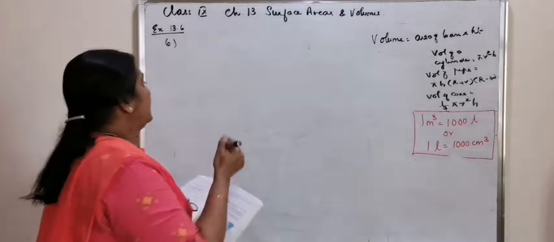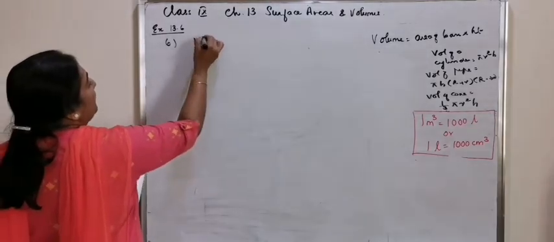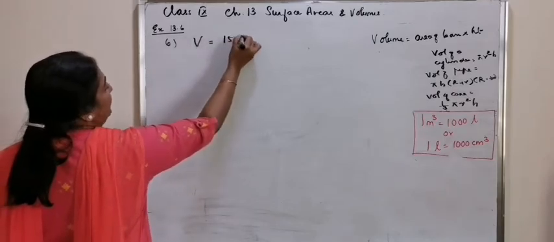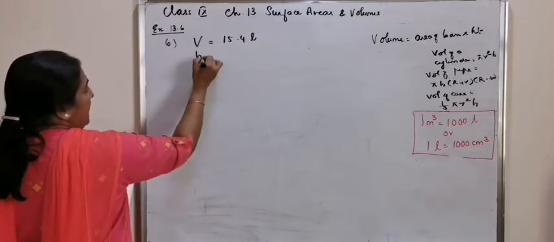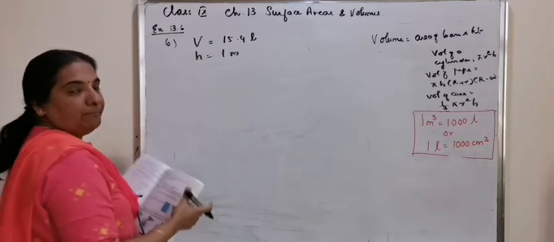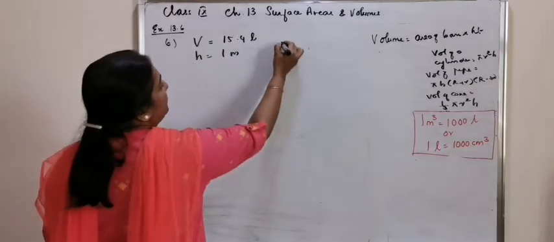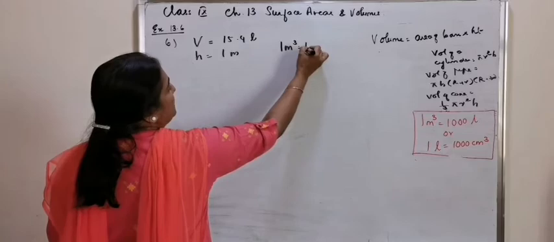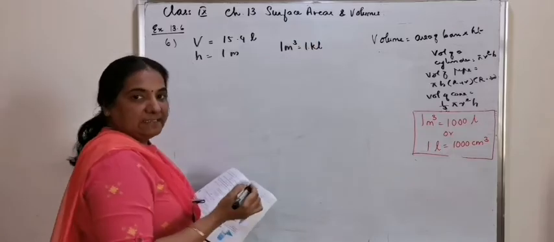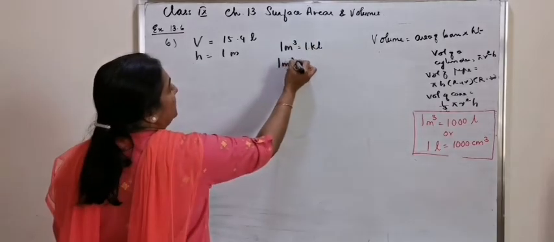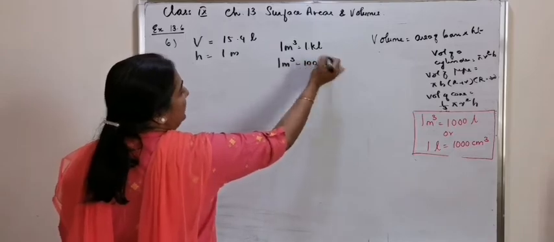So what is given is volume of the cylindrical vessel is 15.4 liters and the height is given as 1 meter. The conversion is 1 meter cubed is 1 kiloliter. That is 1 meter cubed is 1000 liters.